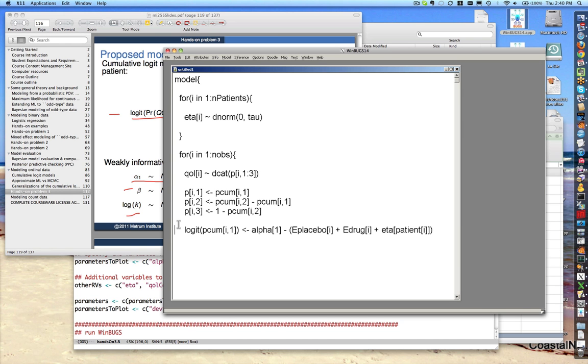Again, I'll be lazy here. Let's copy that. And so I can say for 2, this is going to be like alpha 2, and the rest of it would be the same in here.